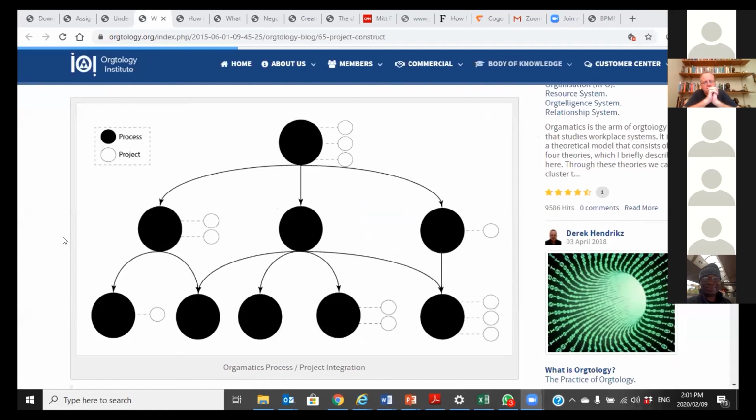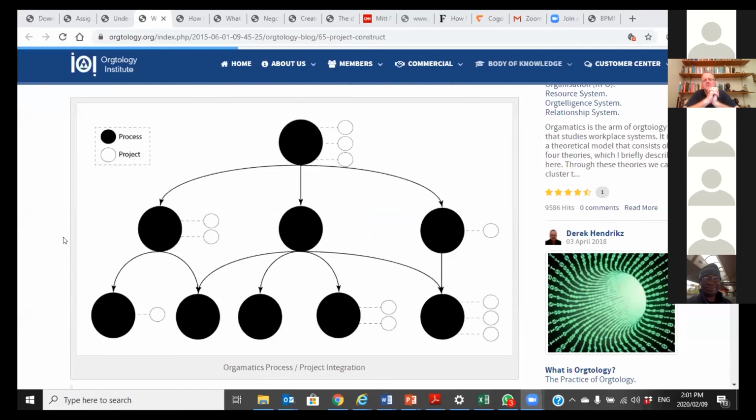It's the relationship between project and process. You've said earlier, Derek, and I agree with you, that projects will fertilize processes. So the project will either kill a process, start a process, or change the process.